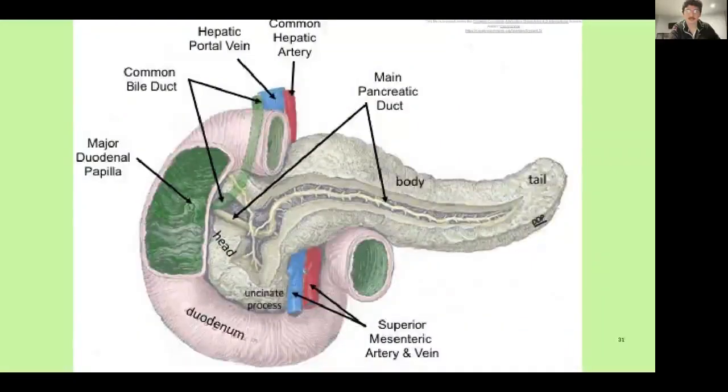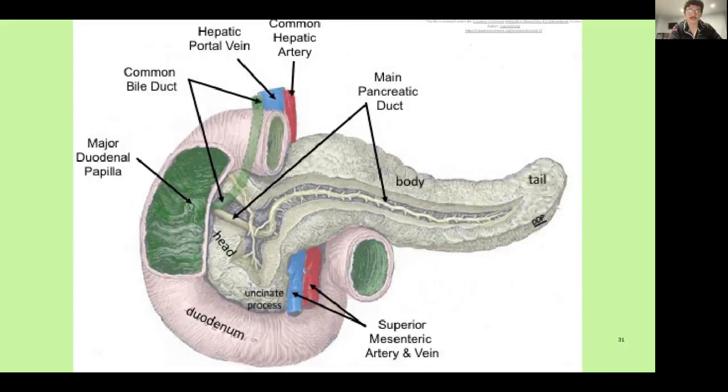Another picture with a few labels. So the pancreas is divided into 5 different bits from the uncinate process, so that kind of hook at the bottom, to the head, and you can't see it here, but there's the neck as well, in between the head and the body, and then you've got the body and then the tail, and then you've got the pancreatic duct, which at the ampulla combines with the common bile duct and then enters the second part of the duodenum via the major papilla.